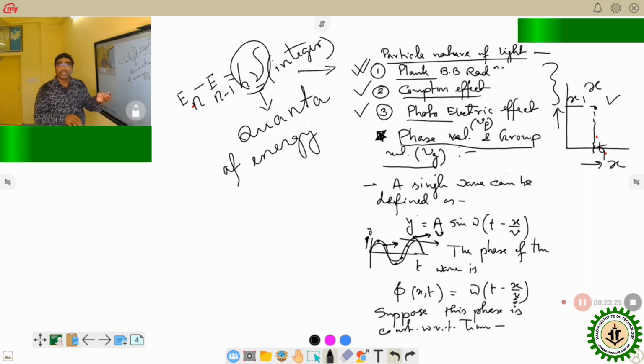We can obtain the condition where amplitude is maximum and where amplitude is minimum. From there, we can find the concept of wave nature and particle nature related to waves.